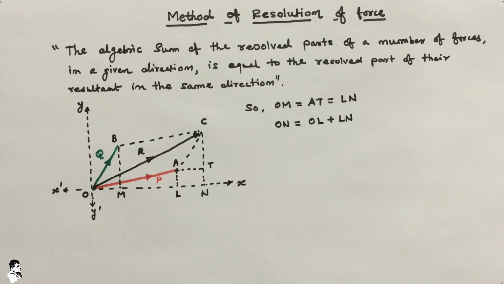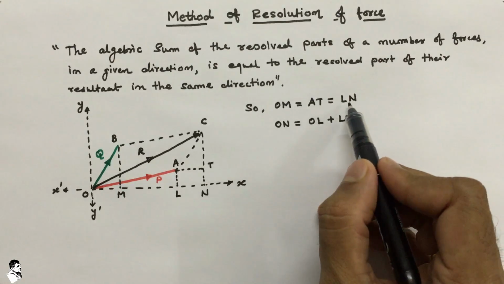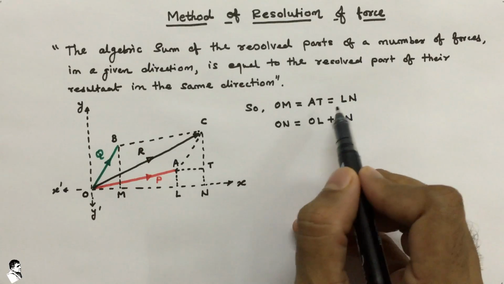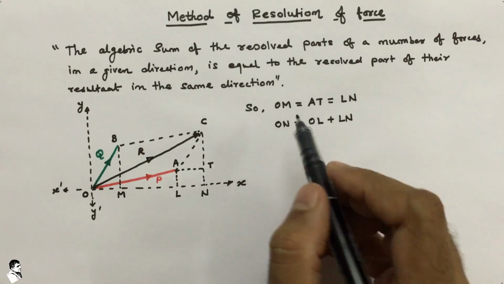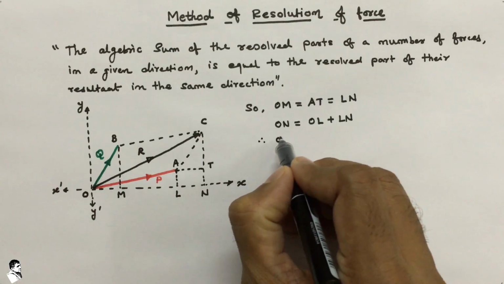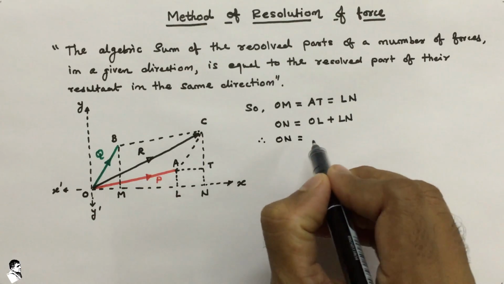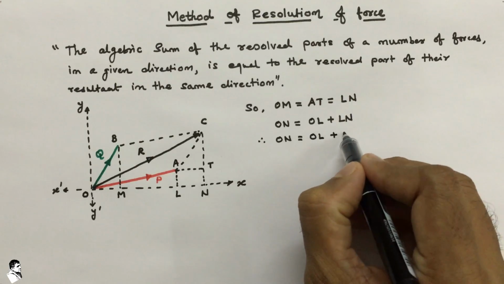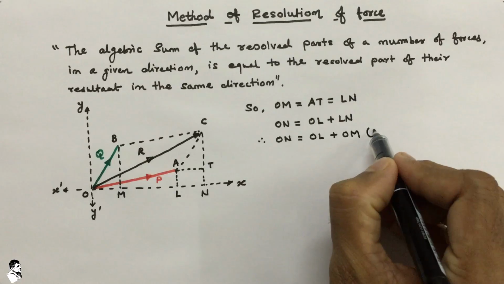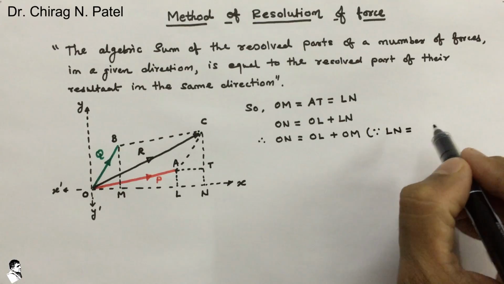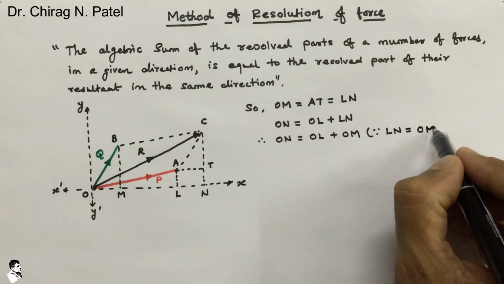Now what is LN? We considered LN is nothing but AT, and that AT is OM. So we can say that LN is equal to OM. So further we write down ON is equal to OL plus OM, because LN is equal to OM.